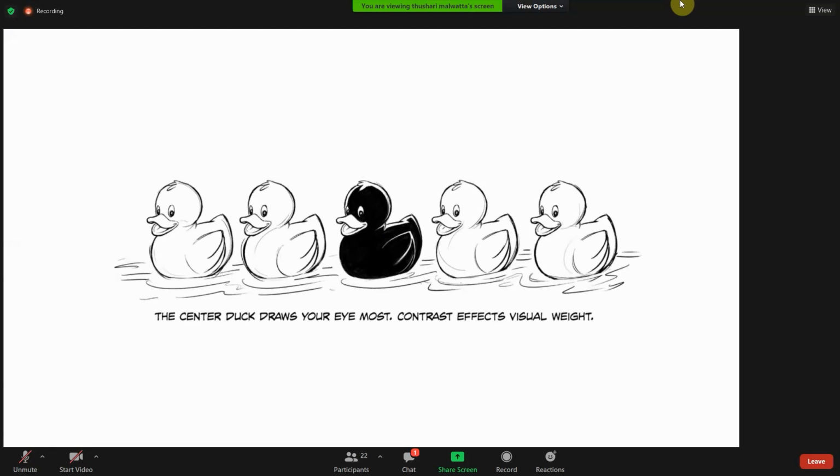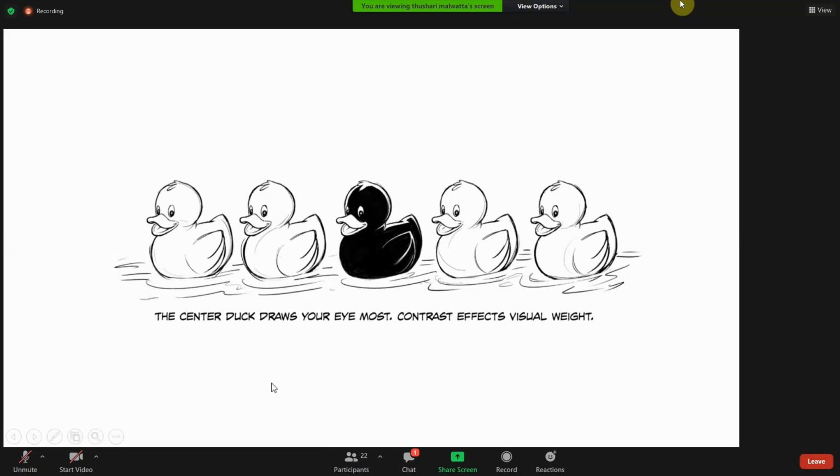You will get an idea of the visual weights, like objects have weight visually, it gives a weight to the objects.